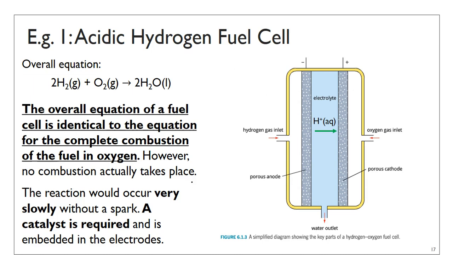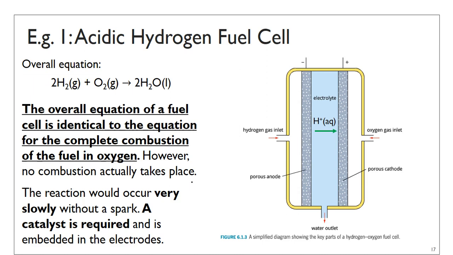Now, because there is no actual combustion, this reaction happens very, very slowly, because things don't just combust spontaneously unless you provide a spark. The reactants are not even in direct contact with each other. So if you don't have a spark as well, it's a very, very slow reaction. It's a spontaneous reaction, but it's incredibly slow.